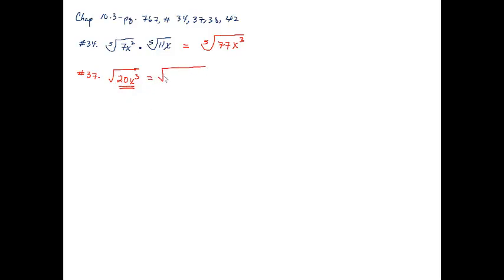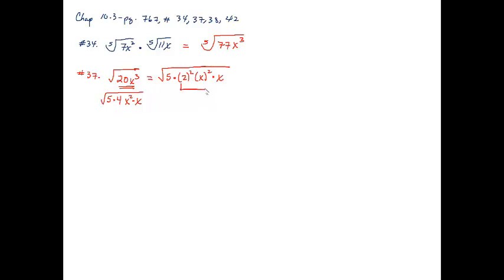Well, 20, if I break that up, that's like saying 5 times 4, but 4 is like saying 2 squared. And then x to the third is like saying x squared times x. So x squared is just x raised to the second power, and then there's an x hanging out by himself.